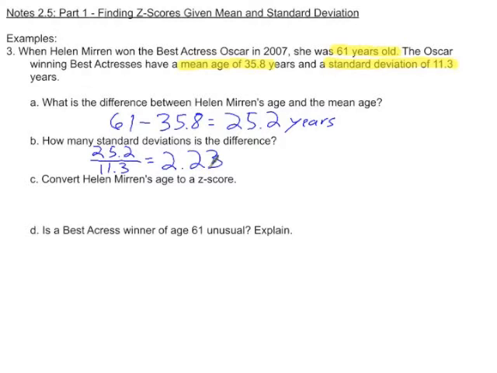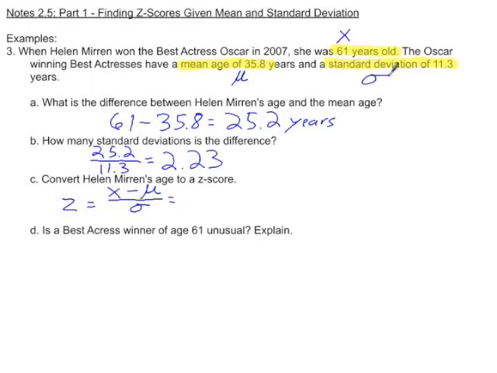Now if we want to convert Helen Mirren's age to a z-score, I'll use the z-score formula, where z equals the data value minus the mean divided by the standard deviation. Going back to what I highlighted in the problem, her age is the data value, the mean is our mu, and the standard deviation would be our sigma.